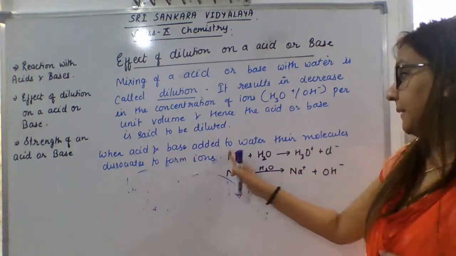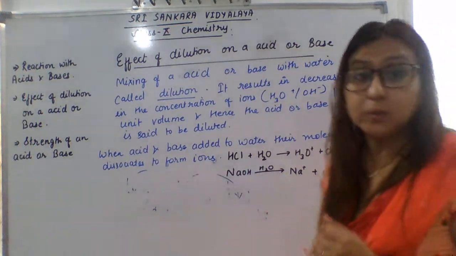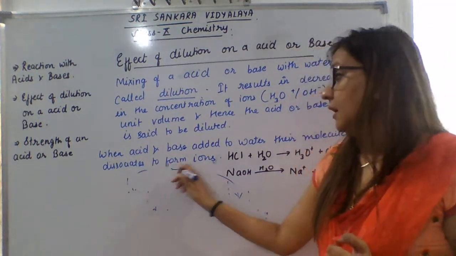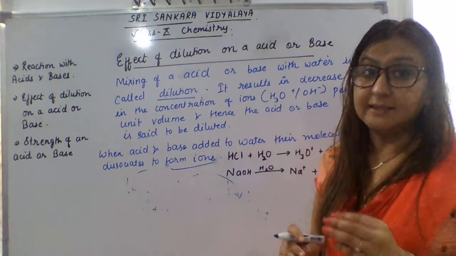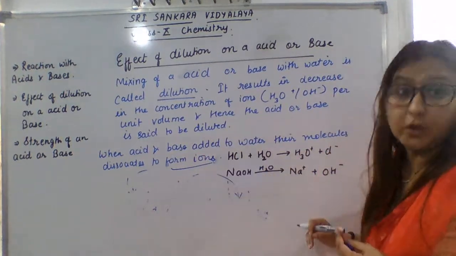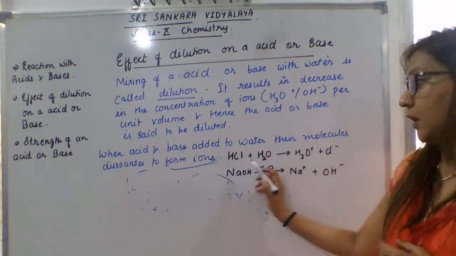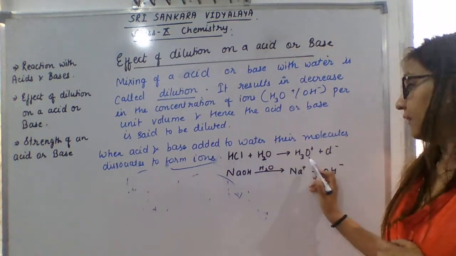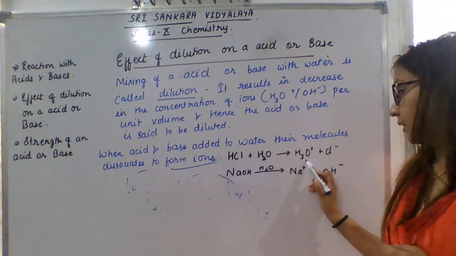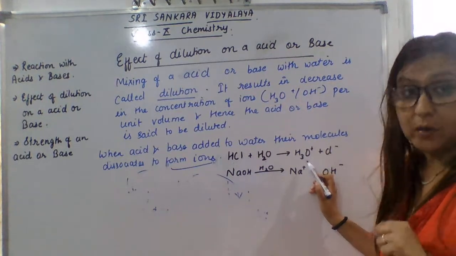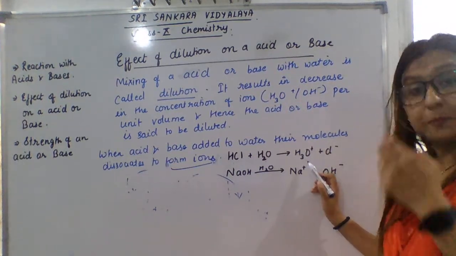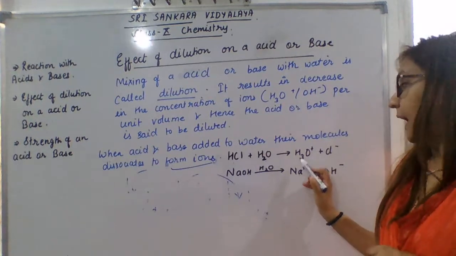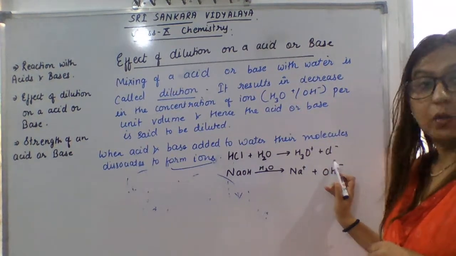Now when an acid or base is added to water, the molecules dissociate to form ions. HCl is an acid, and when we add water to it, it forms H3O+ ions, which are hydronium ions, as I explained previously, and chloride ions.